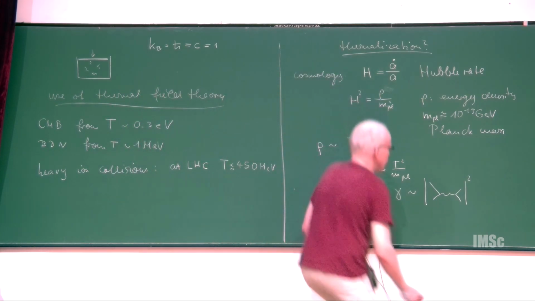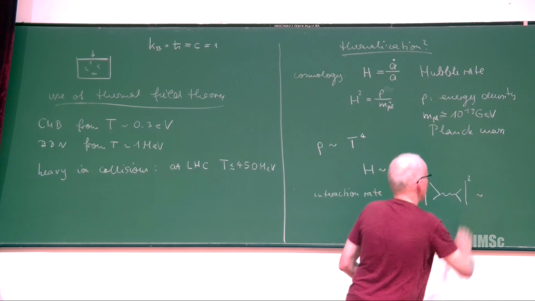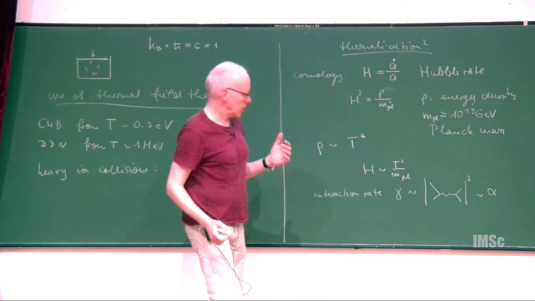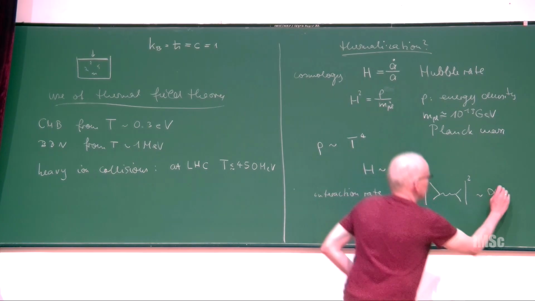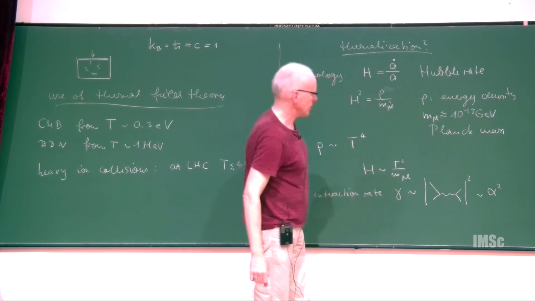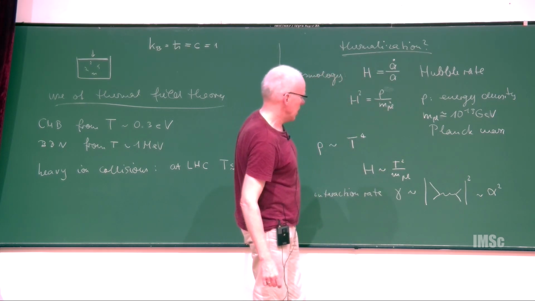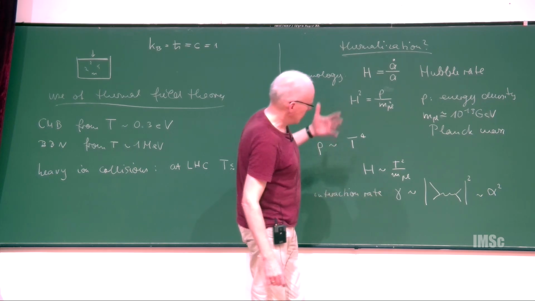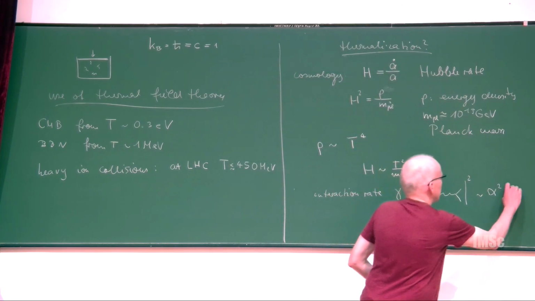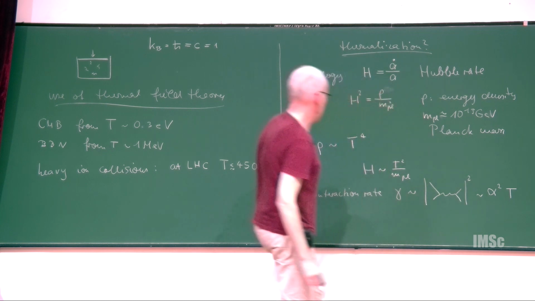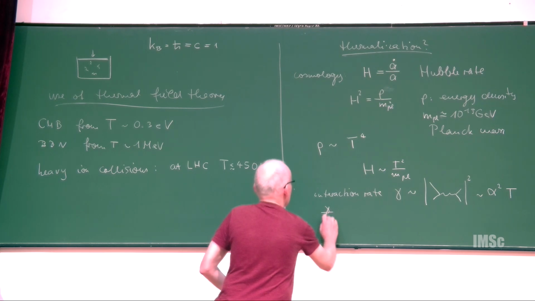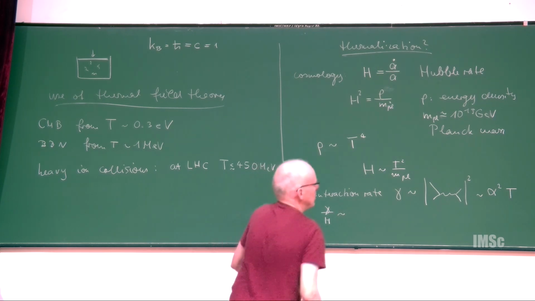Here we see that you have 2 vertices and you square, so we have 4, which is like alpha, the fine structure constant, squared. This could be QCD scattering, then this would be the QCD fine structure, or it could be electroweak. And by dimension, the interaction rate is a rate, so it has mass dimension 1, and if we neglect masses, then the only scale that we have is the temperature. So that's our interaction rate.